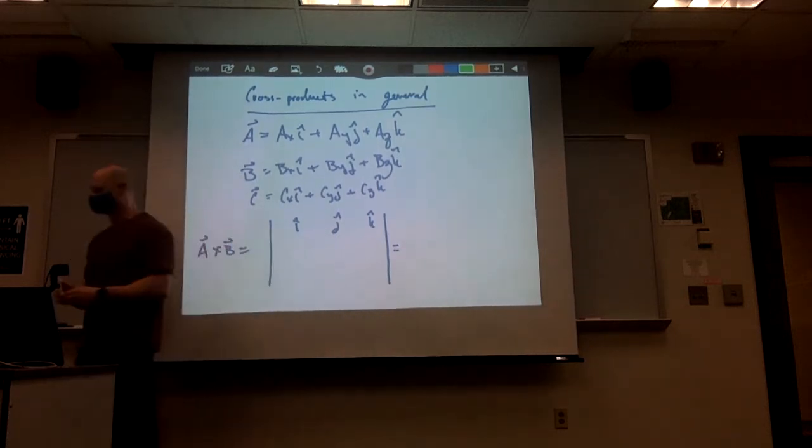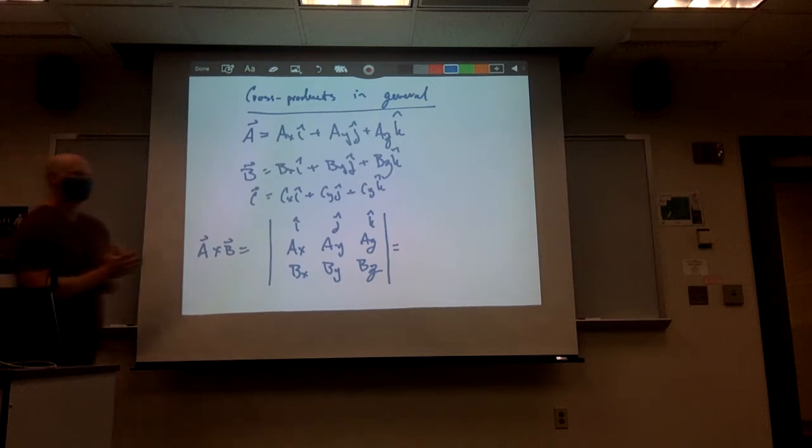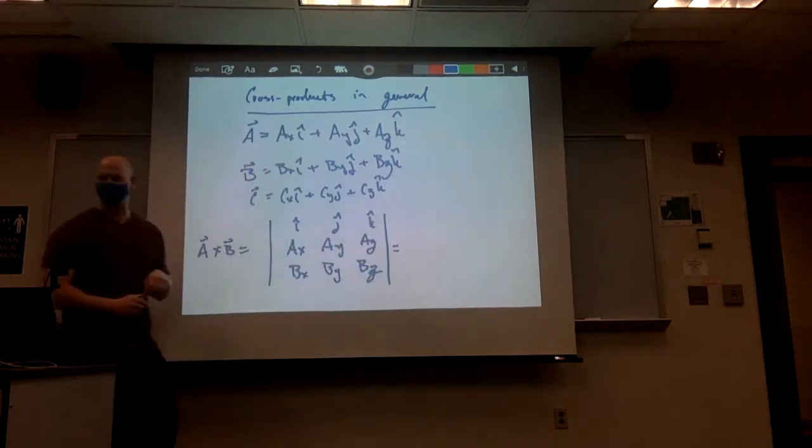Along this row, I put the components of B, BX, BY, and BZ. From here, we have to take the determinant of our matrix. That's what these straight bars mean.